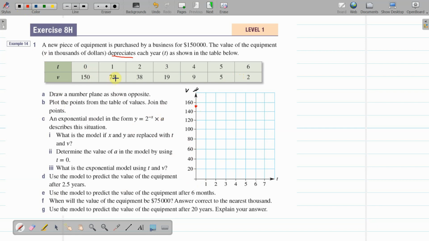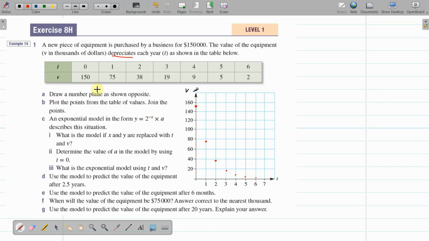After 1 year, it's only worth 75,000. 1 year, 75, that's there. 2 years, 38,000. 38 is just below 40. 3 is 19, 4 is 9, 5 is 5, and 6 years it's only worth $2,000.